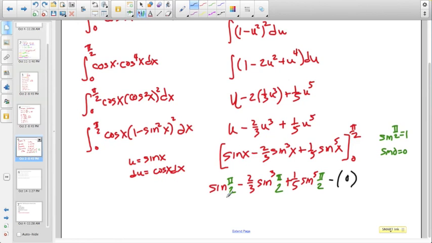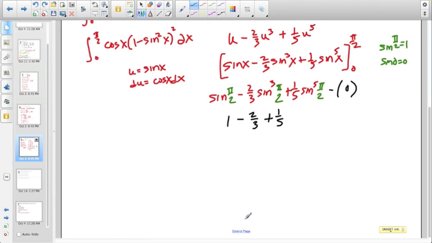So when we look at evaluating this here, sine of pi over 2 is 1, 1 cubed is still 1, so we got 1 minus 2/3. Sine of pi over 2 is 1, to the 5th is still 1, so plus 1/5.